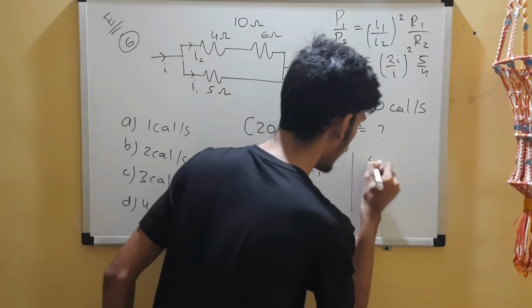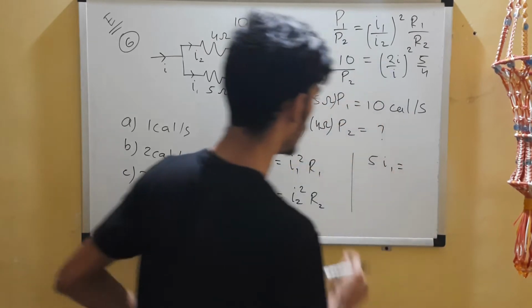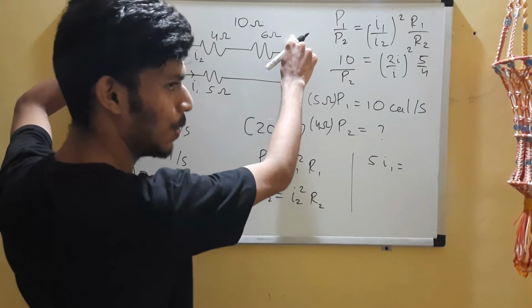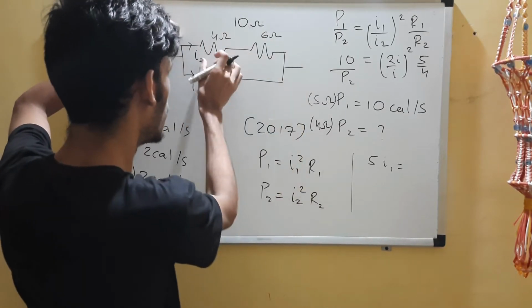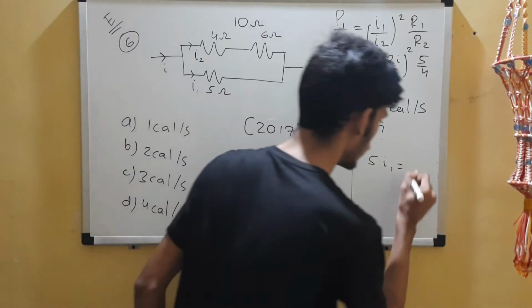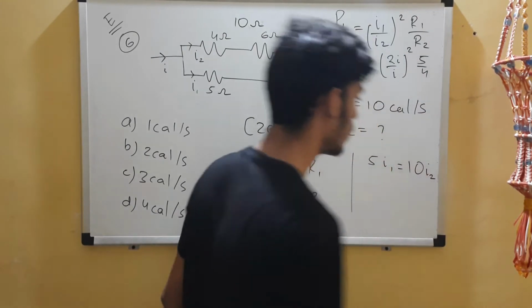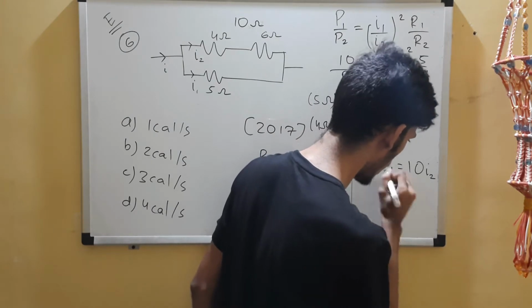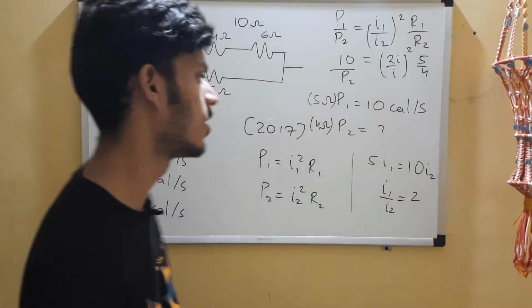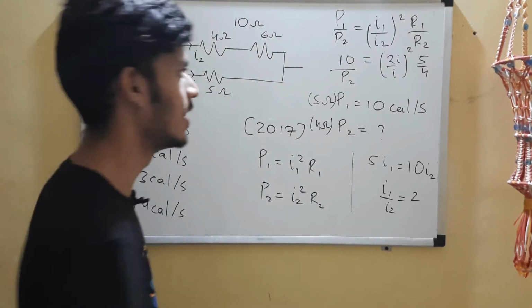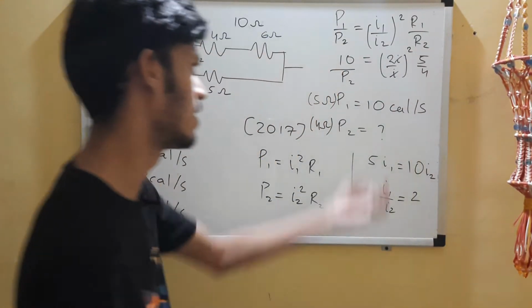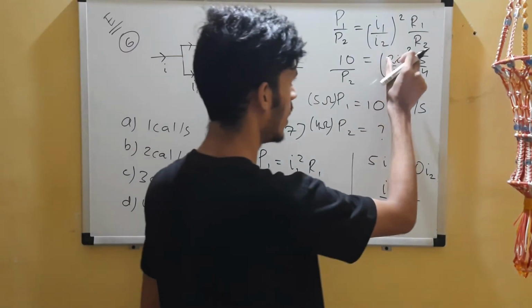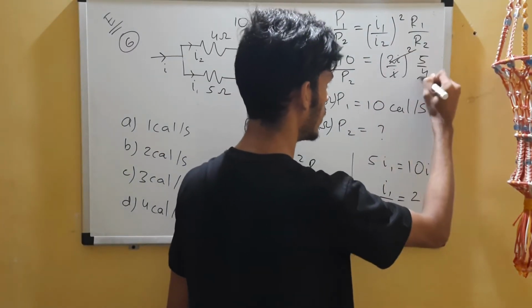So we can write 5 into I1, which is the potential difference across these points, equals 10 into I2, because here it will be 4 into I2 plus 6 into I2, that is 10 into I2. So you can easily see that I1 by I2 is 10 by 5, which is 2. Here also we get the same thing. This I and I will get cancelled and we have the same thing.